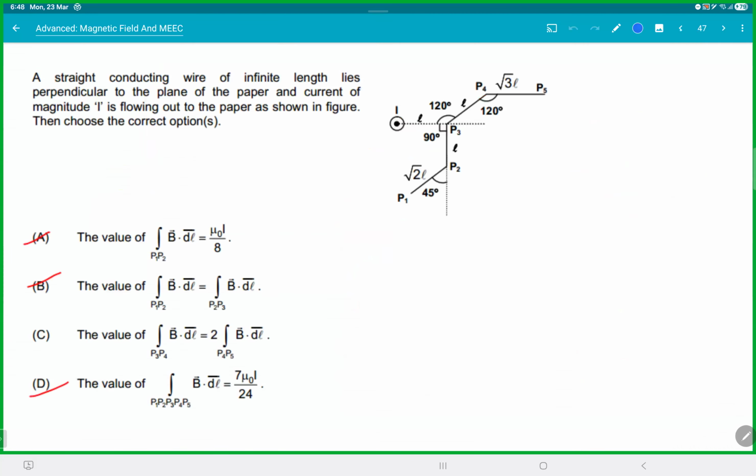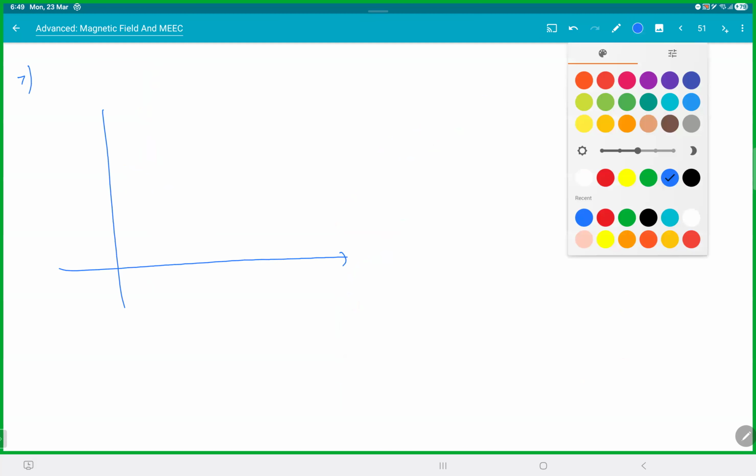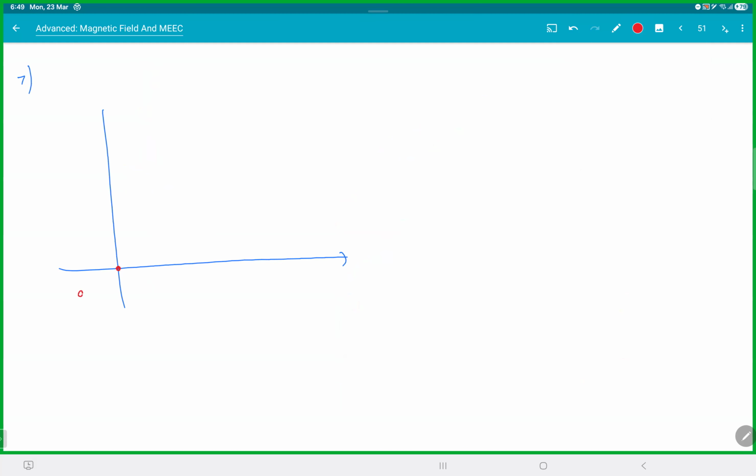Next thing. So we have a particle here, charge q, mass m. It's given velocity v naught. There is a magnetic field in the region B, and there is also a viscous force equal to minus b v bar.